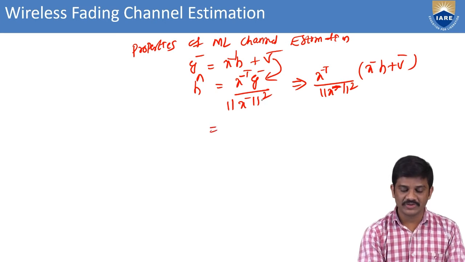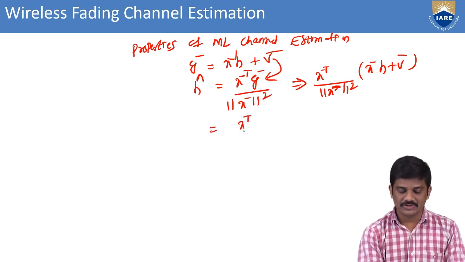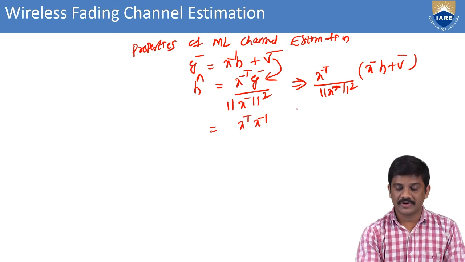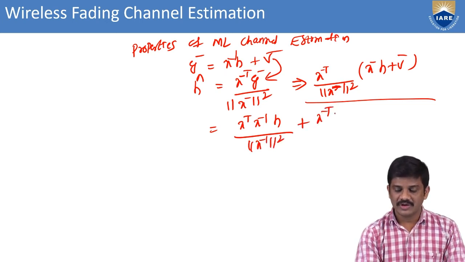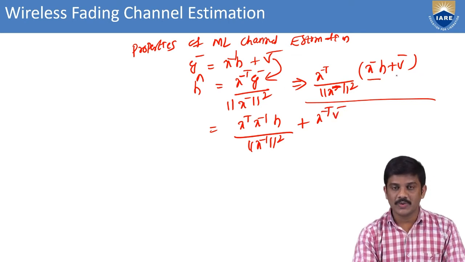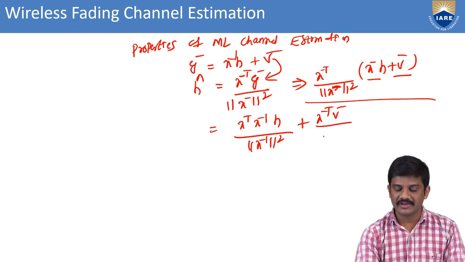Then I can simplify x transpose and x bar. From this we can write h, and for both cases x transpose and we take v bar. Then I multiply this value with this value, and the same thing happens.